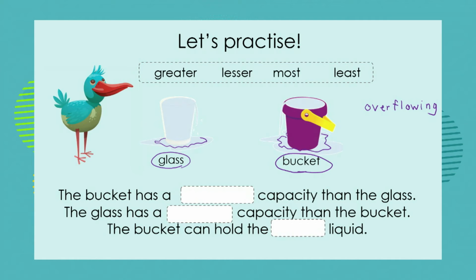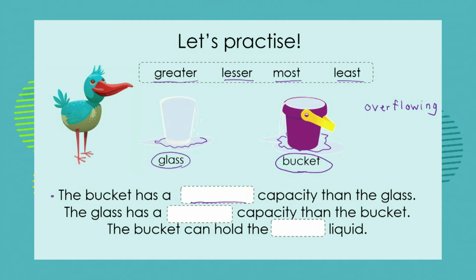Now we are going to use the word box to fill in the missing words. The words in our word box are greater, lesser, most, and least. So let's read the first sentence together. The bucket has a blank capacity than the glass.